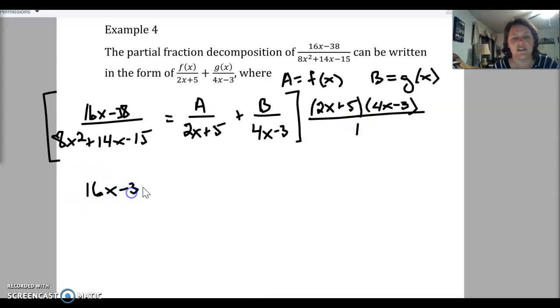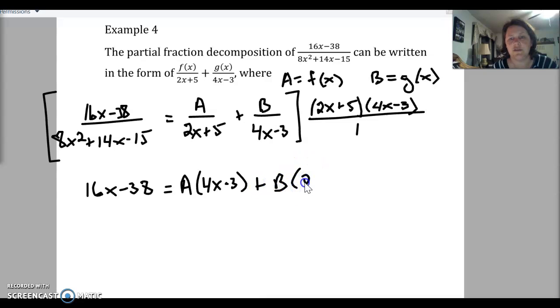Everything's going to cancel on the left-hand side. We have 16x minus 38. The 2x plus 5 is now going to cancel, so we have a times 4x minus 3 plus b times 2x plus 5. Multiply that through. Get rid of our parentheses.